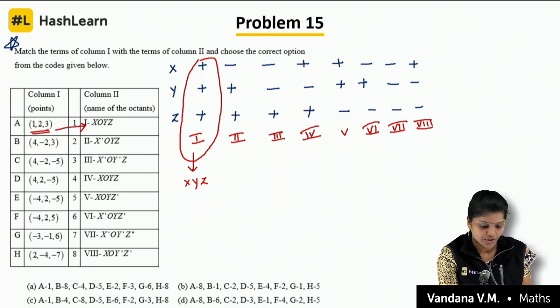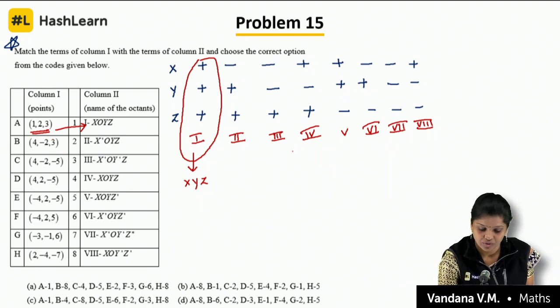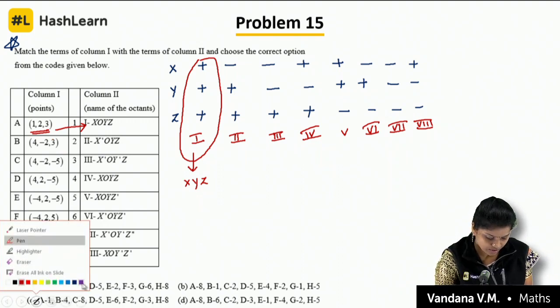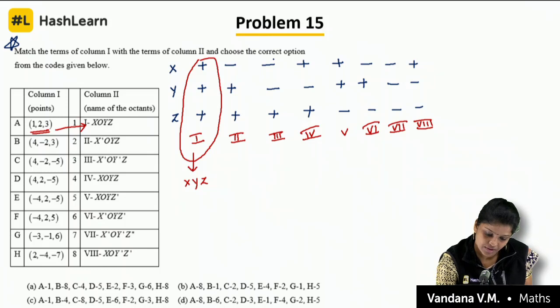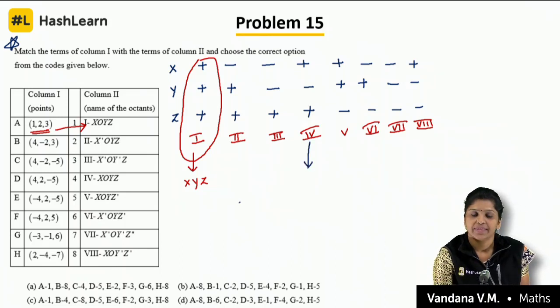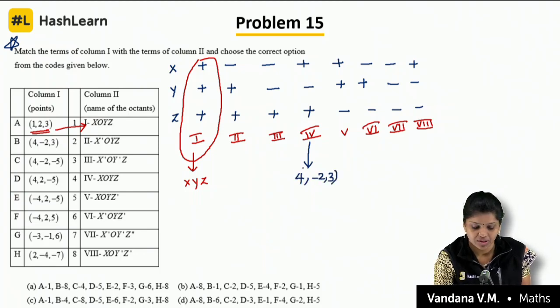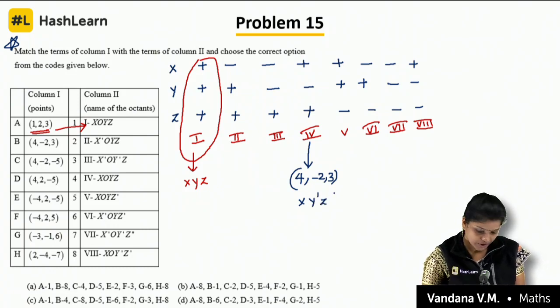X and Z are positive, Y is negative. So, clearly I can make out this is, yes, fourth octant. That point 4 comma minus 2 comma 3. How will you write X, Y, Z? So, is it option C?